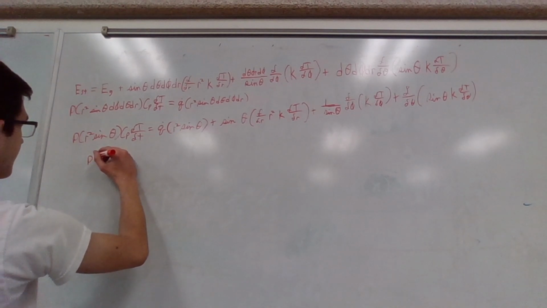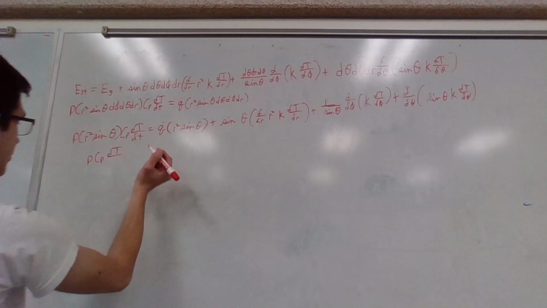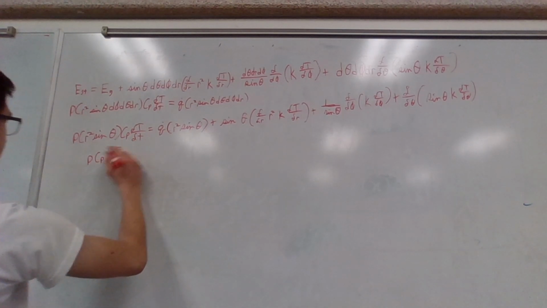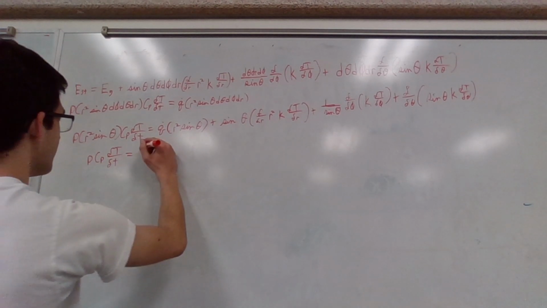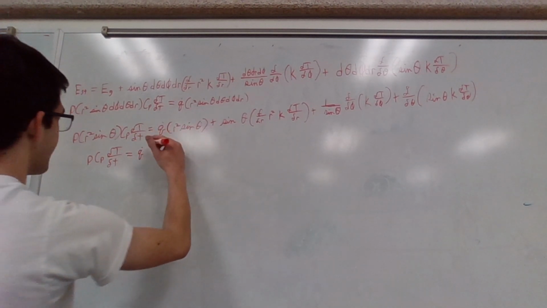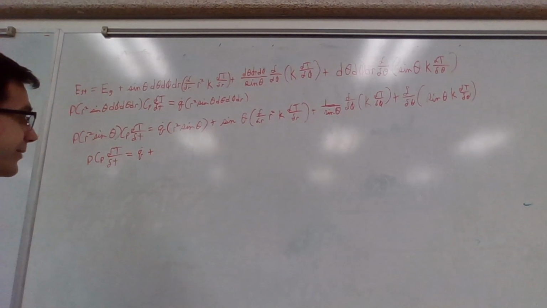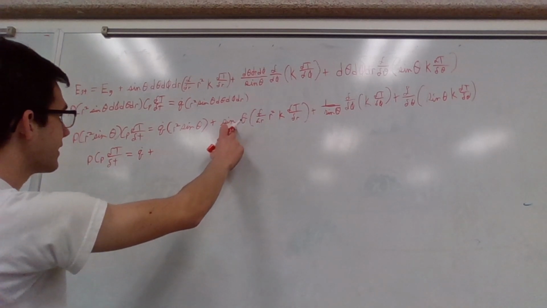So rho Cp, so heat capacity, of course, and our change in temperature with time. All right, we divided by r squared sine theta. Right, that goes away. Q dot dividing by r squared sine theta. Well, that's great because now we're just left with q dot, so we don't have to worry about that. Dividing by r squared sine theta, sine theta's cancel.